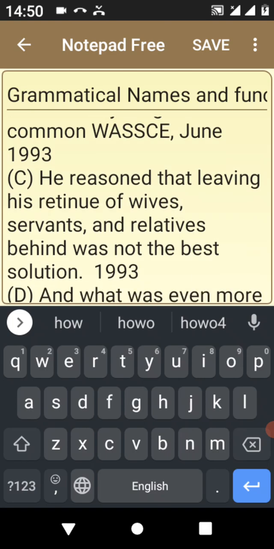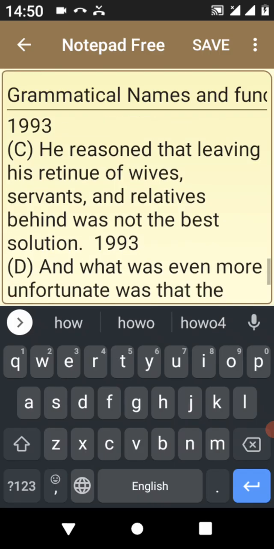Then number 3. He reasoned that leaving his retinue of wives, servants and relatives behind was not the best solution. That is WASC also 1993. He reasoned something.